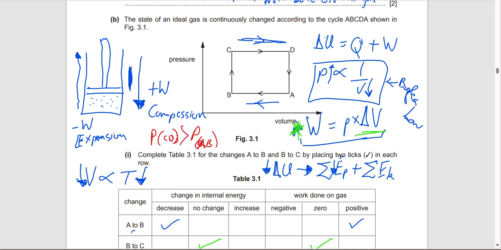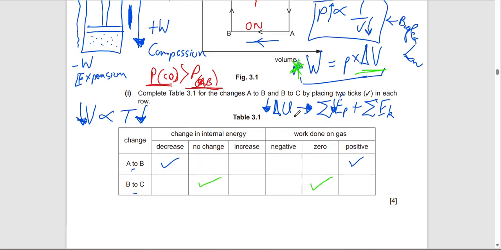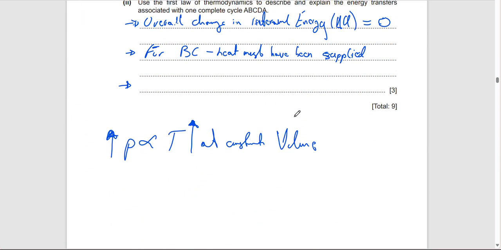So that means the work done on gas is greater than work done by gas. So this is work done by gas, it expands. This is work done on gas, it is compressed, right? Okay, so that is what we're going to write here.